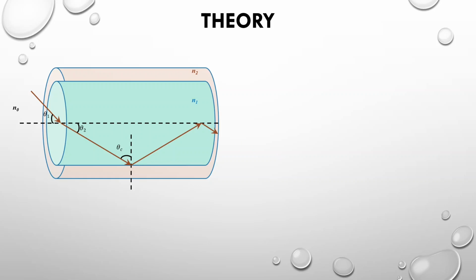Let us now examine the other case, where another ray happens to be incident at the air core interface, making some other angle which is now higher than that of the previous incident angle θ1. This ray also is incident at the core cladding interface, but now making some other angle which is less than critical angle.